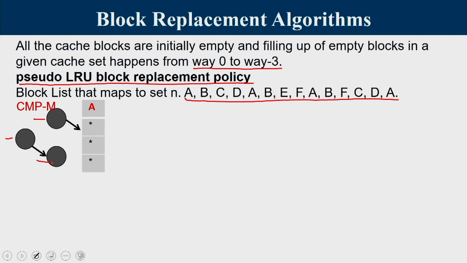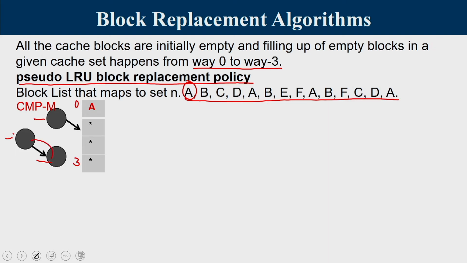When you have the very first block A, the cache set is empty, so you keep A in way 0. This is your way 0, and this is way 3. To reach A, from the root I want to go to the upper side. Since I am going to the upper side to access the recently used block A, the arrow should point down.